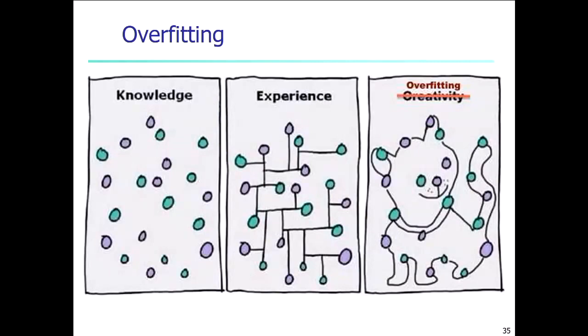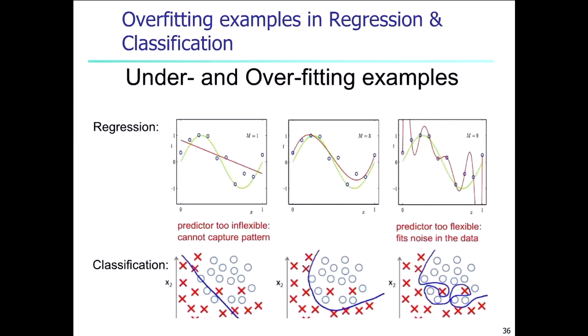Another example, a very cute cat, but it's overfitting. And this one is for regression, linear regression and classification examples. I think this would be mentioned again in next week's lecture.